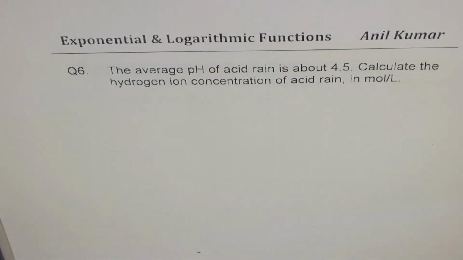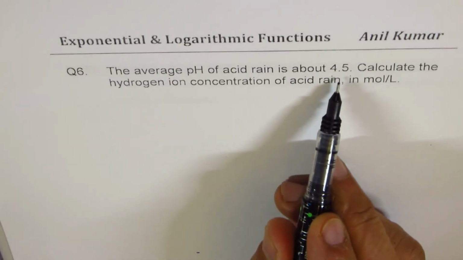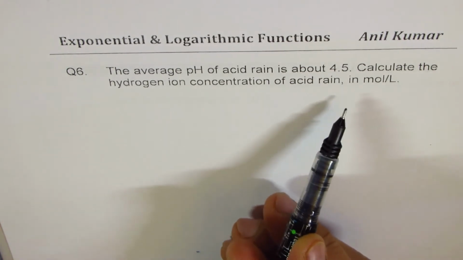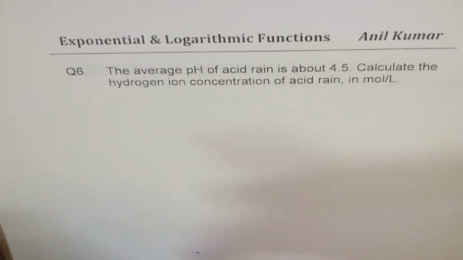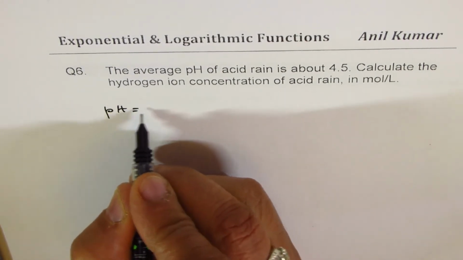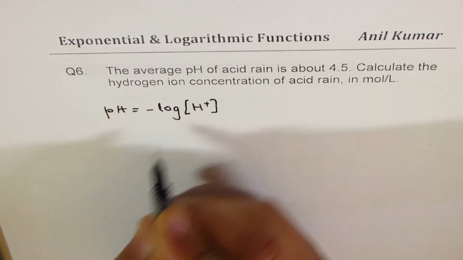Question number 6. The average pH of acid rain is about 4.5. Calculate the hydrogen ion concentration of acid rain in moles per liter. Well, the formula is pH is given by minus log of hydrogen ion concentration, right?